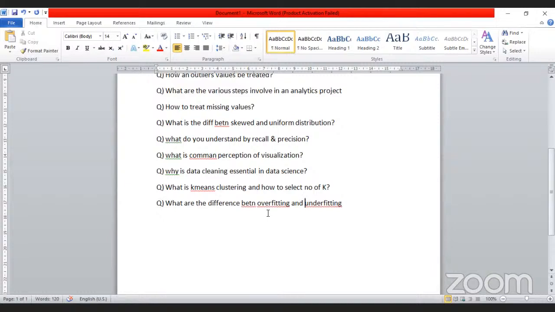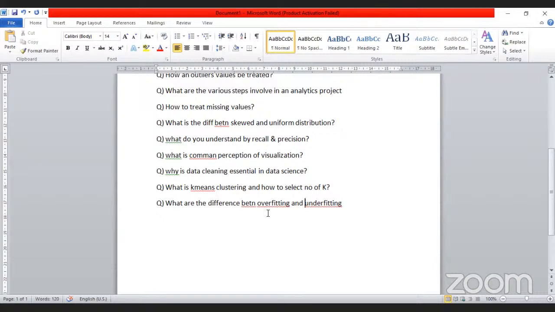If we get 90% train accuracy and only 30% test accuracy, that scenario is called overfitting. Underfitting means we are getting only 40% train accuracy and 30% test accuracy, meaning the accuracy on both test data and train data is low. That is underfitting.